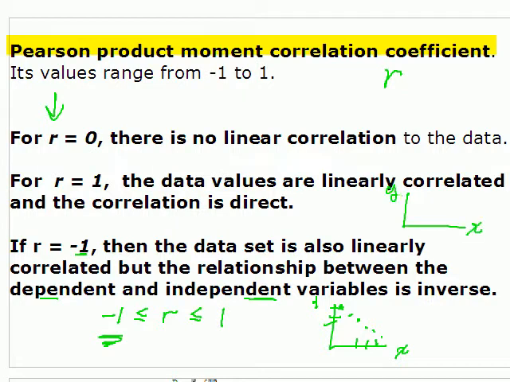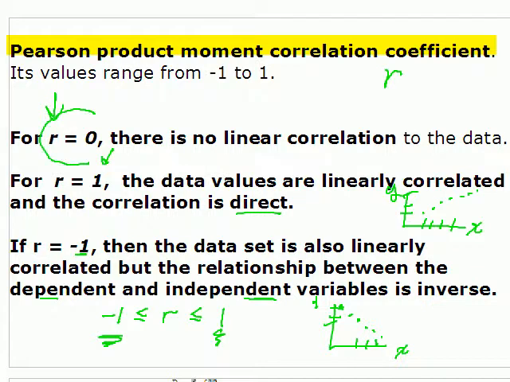So if here's your y, let your x values increase. Your data might start here, and as x gets bigger, so does y. That's a direct correlation, and r has a value of 1. So at the extremes of -1 and +1, the data is very linearly correlated. The sign of this correlation coefficient tells whether it's a direct correlation or an inverse correlation.